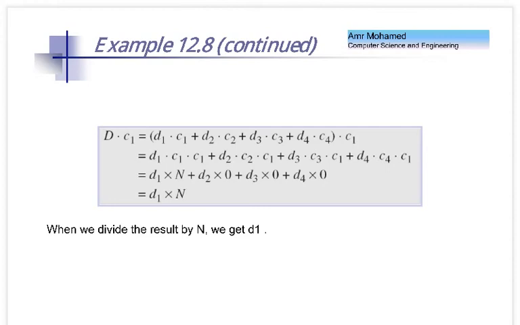FDMA and TDMA, the performance for it was not that impressive because of the fact that if the node does not have anything to send, the bandwidth or the time will be wasted, right? And they have techniques to try to reduce that inefficiency, but still CDMA has proven to be much outperforming and much better compared to these techniques.